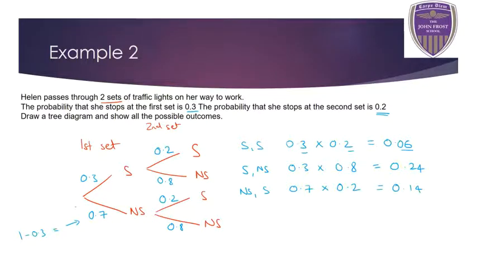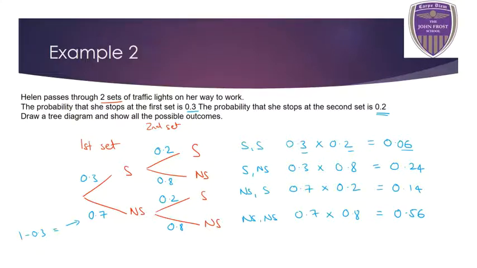And then the only other possibility that we haven't covered is that she doesn't stop at the first set and she doesn't stop at the second set, so she stops at neither of the sets. The probability of her not stopping the first time is 0.7. The probability of her not stopping the second time is 0.8, and we just times those together.